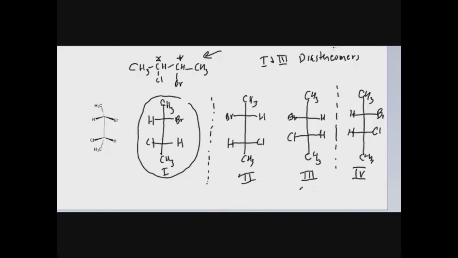Now let's look at number 4. What's the relationship between 4 and 1? Well, they're different. They're not mirror images. They're not mirror image isomers. They're also non-mirror image isomers, or diastereomers. 1 and 4 are diastereomers. 2 and 3 are also diastereomers.